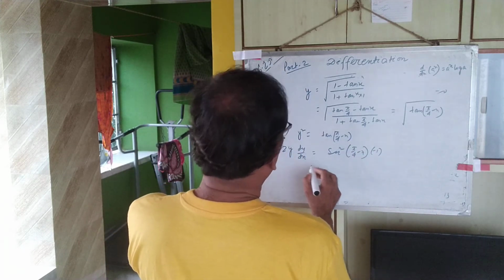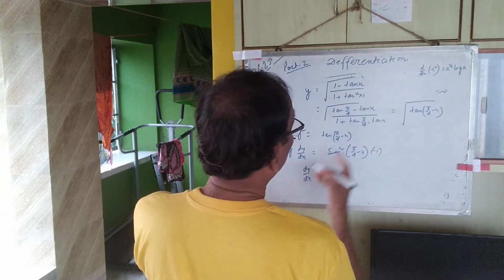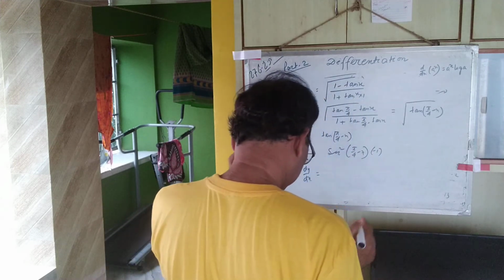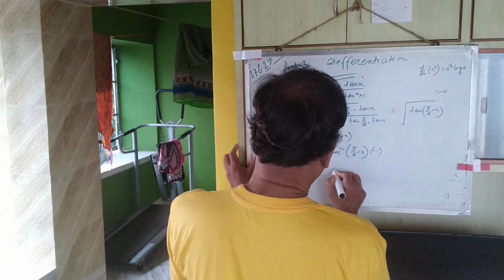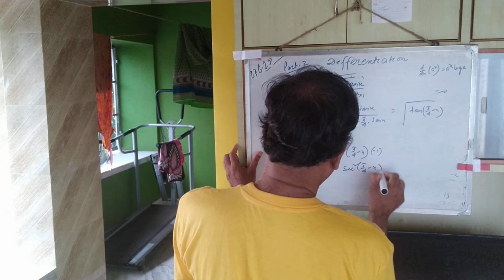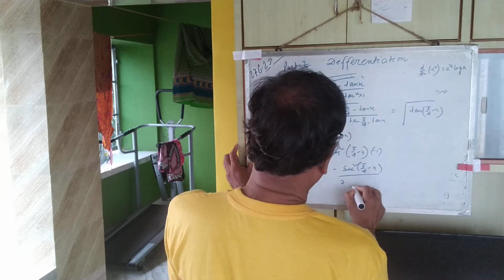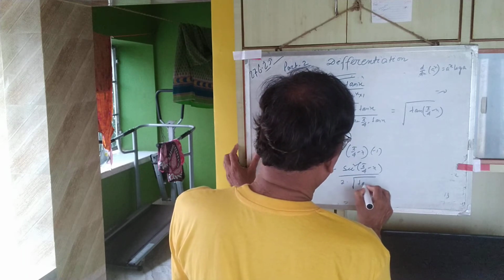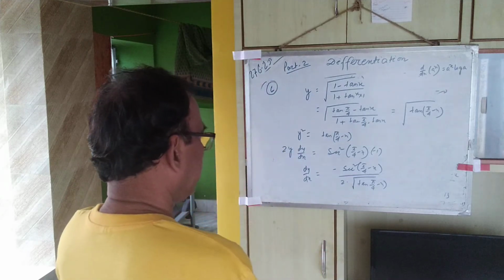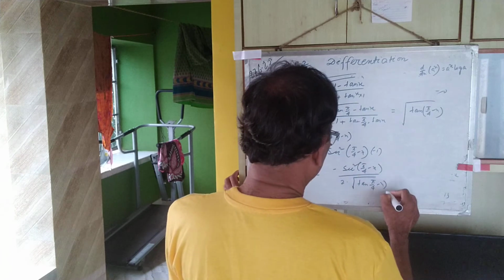Then we have to find dy by dx equals to minus sec square (pi by 4 minus x) over 2 into y. The value of y is root over of tan (pi by 4 minus x). That is the answer.